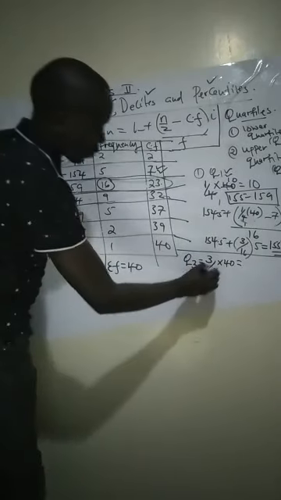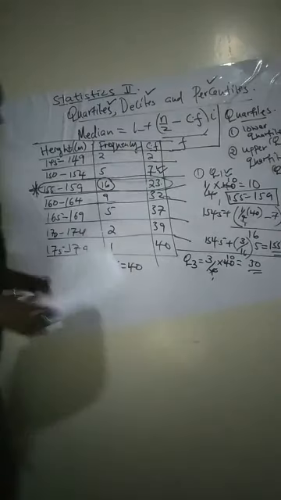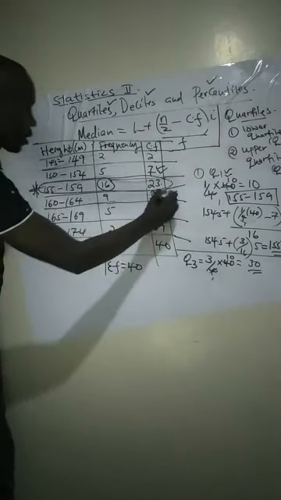One quarter of 40 is 10, so I have 30. So my frequency is 30. In the cumulative frequency column, identify where we have that. This is 23, this is 32, so 30 is here. So our class of interest is 160 to 164.